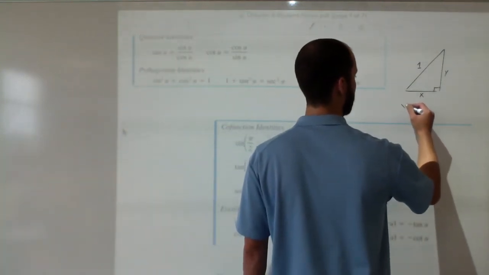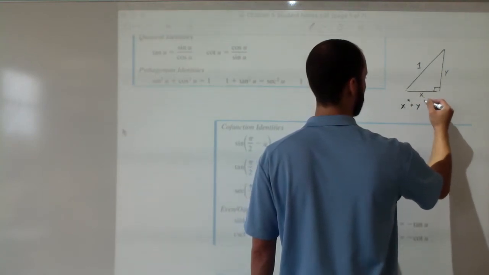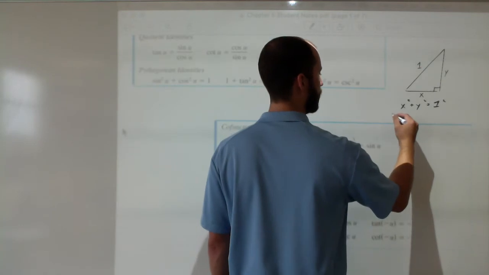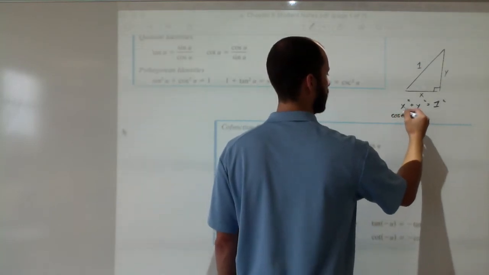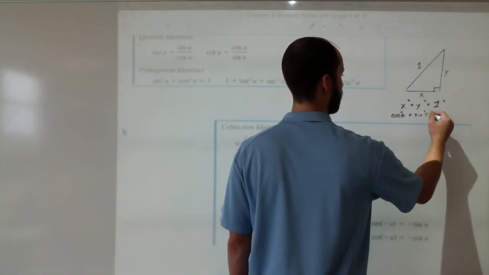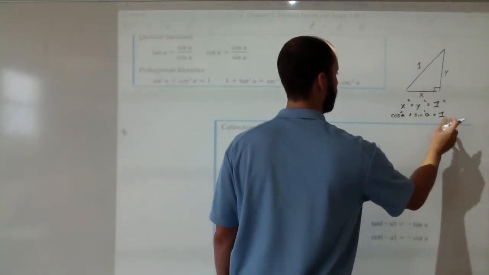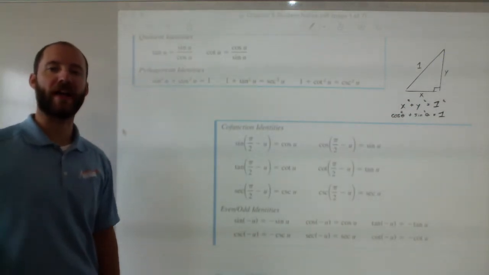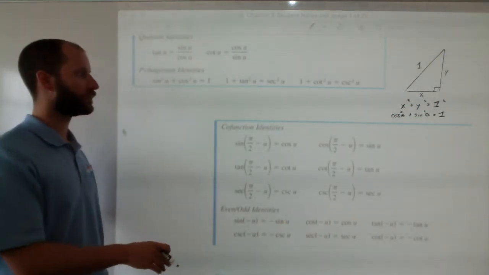Now, Pythagorean theorem, x squared plus y squared equals 1 squared. Well, x is the same as cosine. Y is the same as sine. So the Pythagorean identity is representative of the Pythagorean theorem.